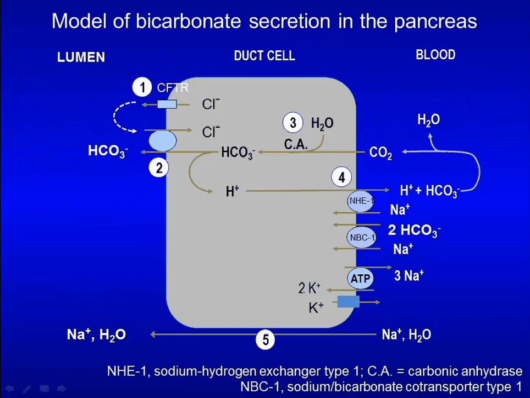First, opening of the chloride channel CFTR causes outflow of chloride into the duct lumen. An increase in chloride concentration drives activity of the chloride bicarbonate exchanger. Bicarbonate moves into the lumen while chloride is reabsorbed. This is the second event.